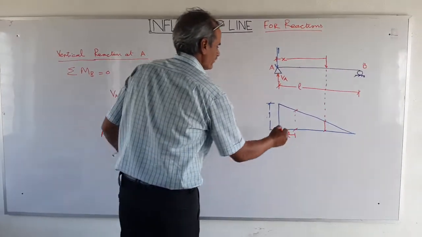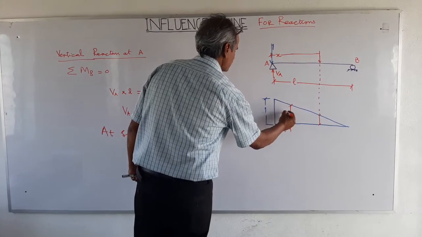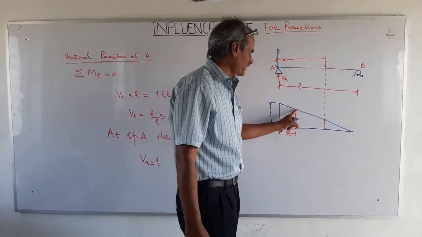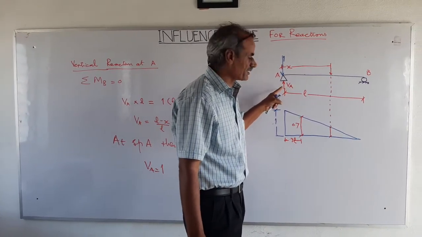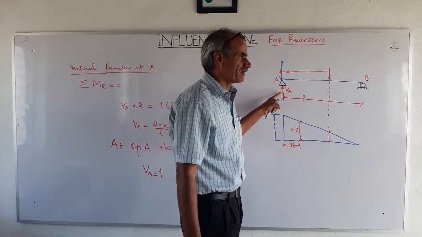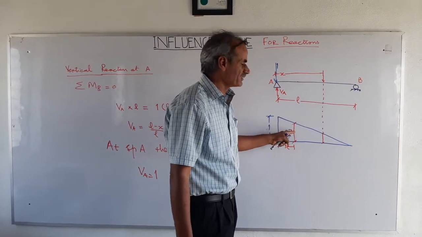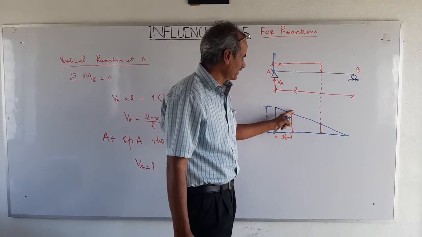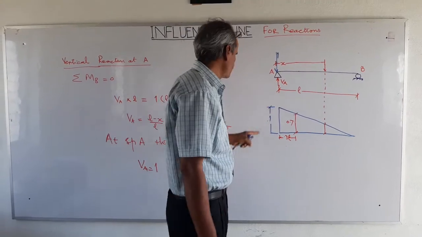So the value over here is 0.7. Now this value over here is not representing the reaction at A. It is not representing any function at this place. It is just representing that when the unit load was here, at that time our reaction at A was 0.7.